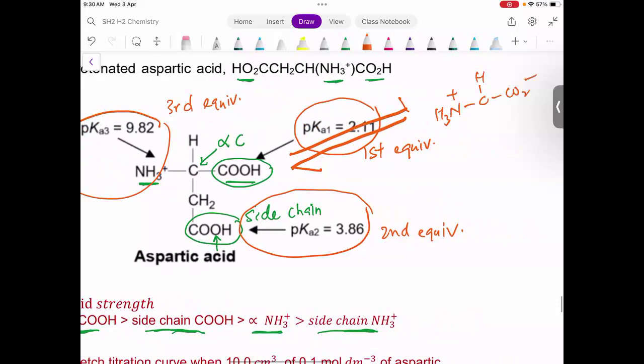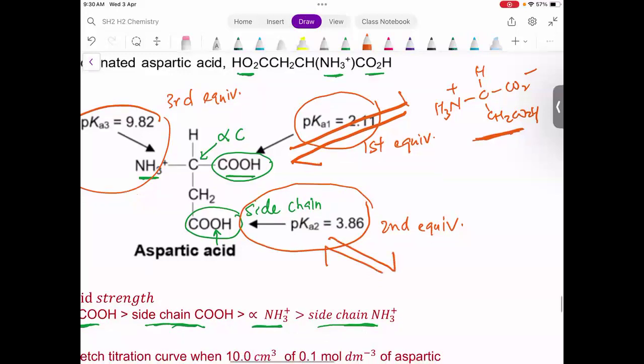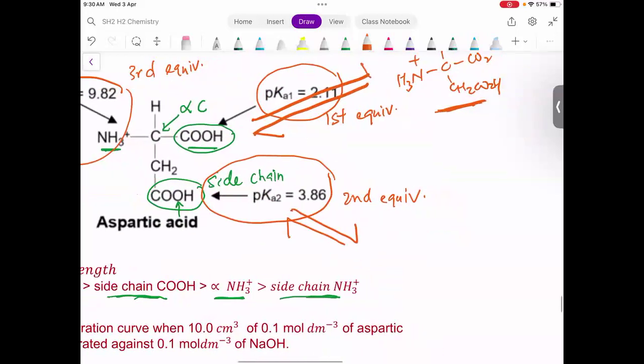At the first equivalence point, max buffer region, there is a large reservoir of the salt and a large reservoir of the corresponding acid. At the second equivalence point, what is the species?